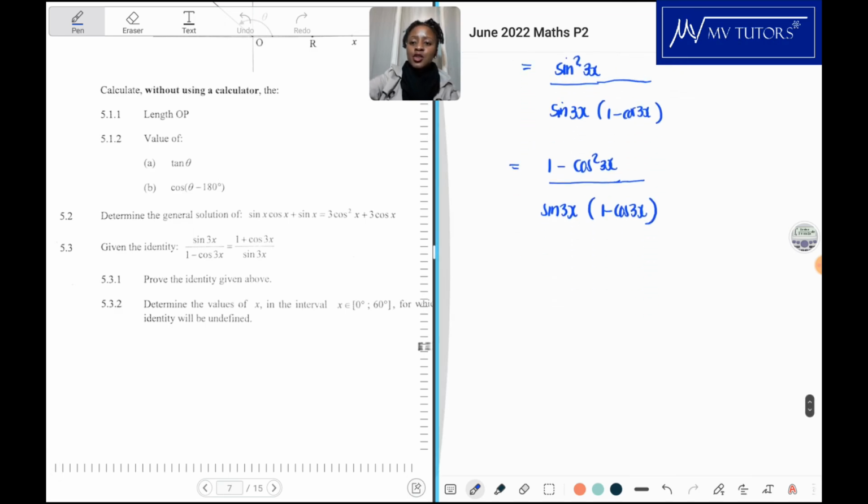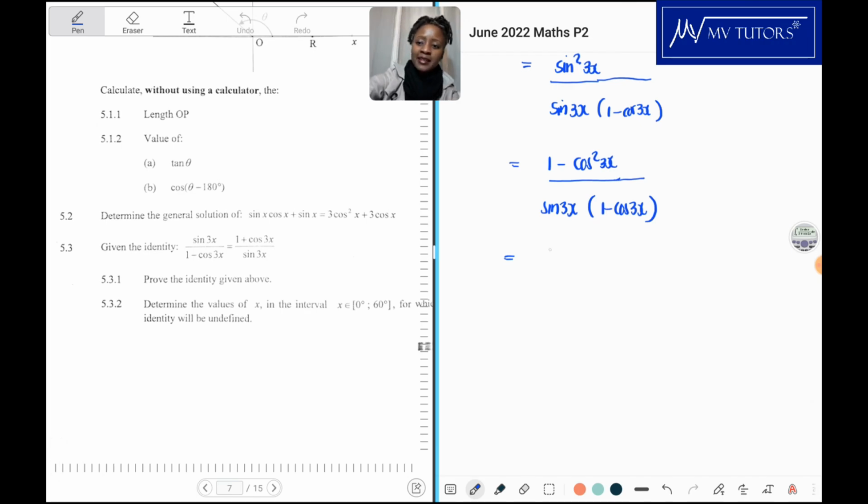Okay. So now I have a difference of two squares in my numerator, and if we have that, we can write it out. So I have 1 plus cos 3x and 1 minus cos 3x. Okay, so you can see what's going to cancel, and things are starting to make some sense.